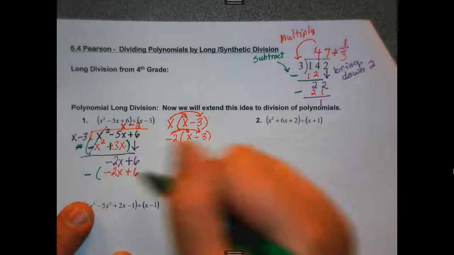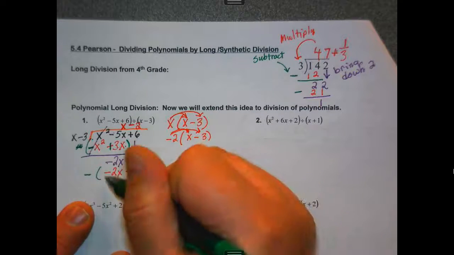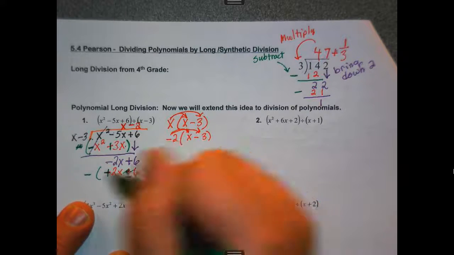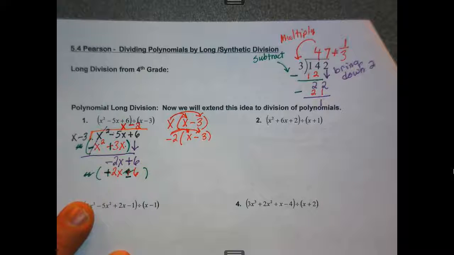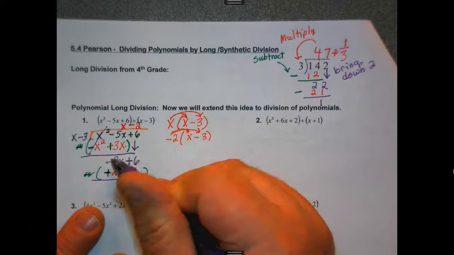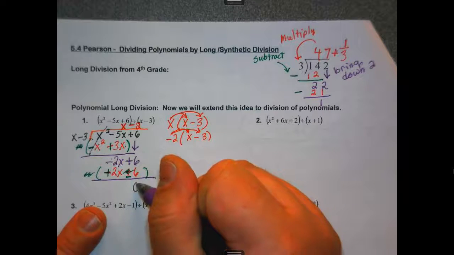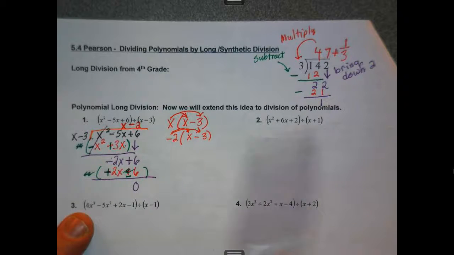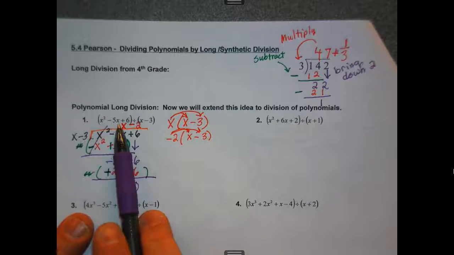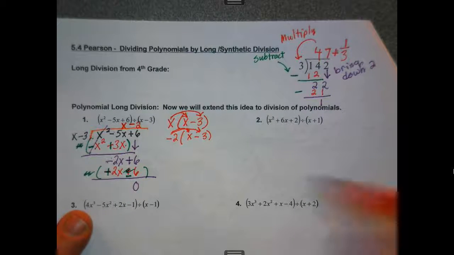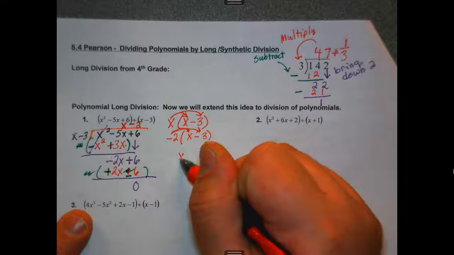Subtract the entire quantity, which changes my signs. Combine like terms. Ooh, what happened there? It all goes to 0. So my answer, when I take x squared minus 5x plus 6 divided by x minus 3, is x minus 2.